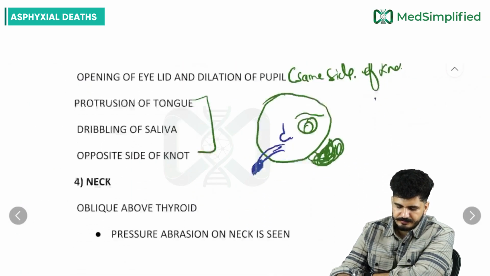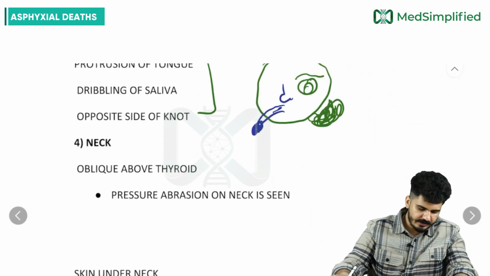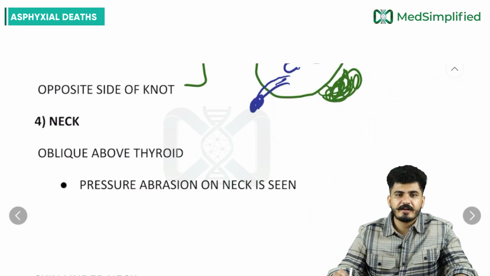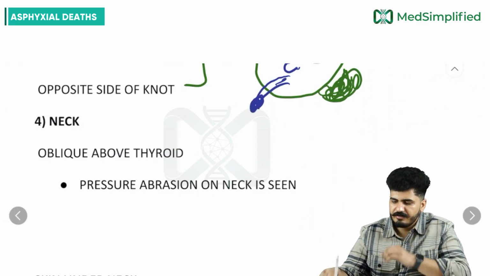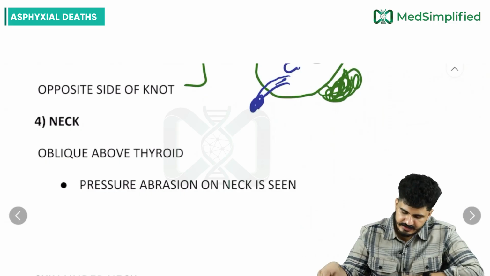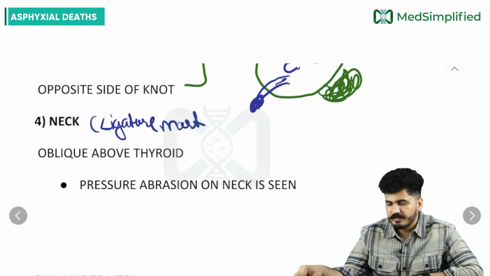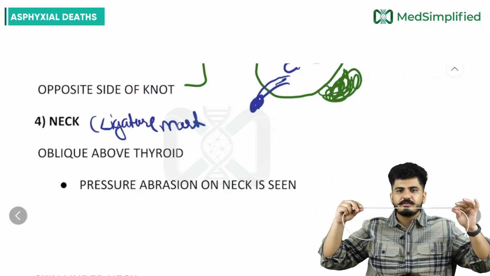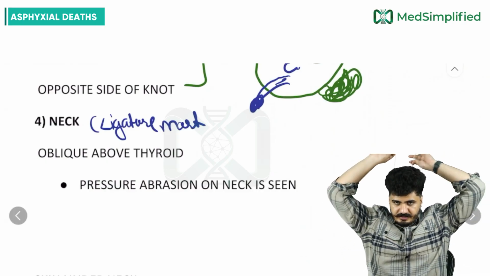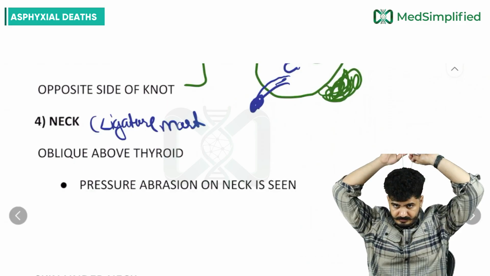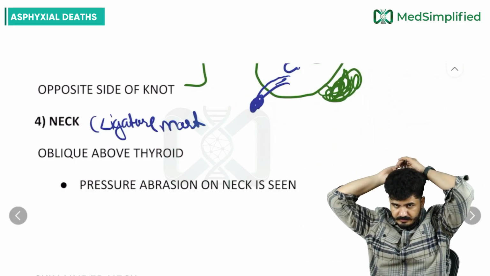Now we'll talk about the next thing, that is the neck. On the neck, you will see an oblique mark above the thyroid. Where will you see the ligature mark? If a person is dying because of hanging, there is a knot like this.